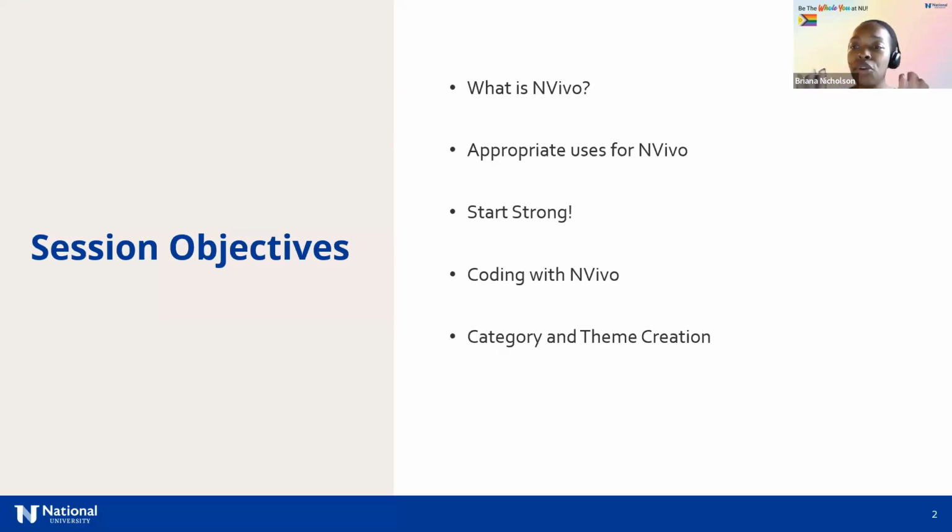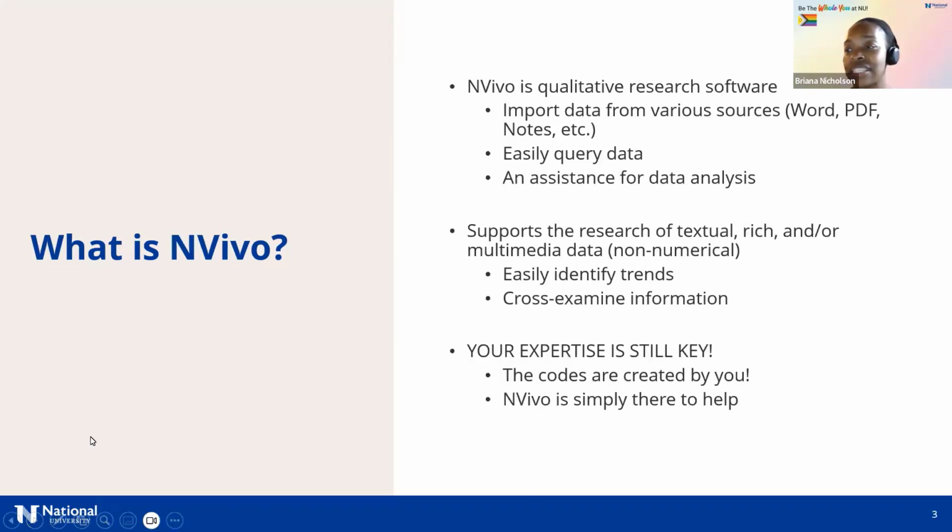We think it's a software program, and we're a little scared or mystified by it. And so I hope to demystify NVivo here today and also give you some strategies that you can use for your own practice, for your own familiarity and getting comfortable with using NVivo. And I think you'll find it very helpful as you progress through your qualitative analysis.